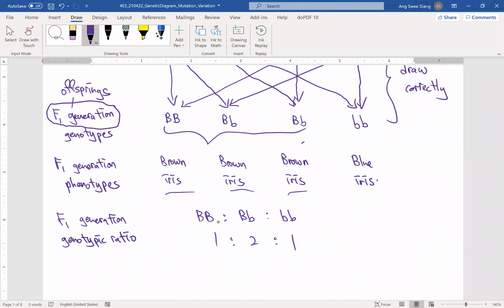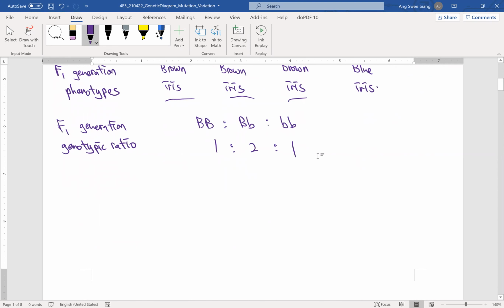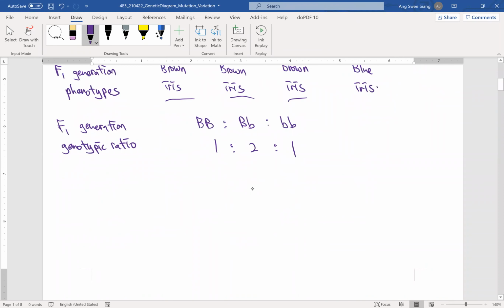So it's 1:2:1. What does this mean? This also means that 25% or 1/4 of the offspring is homozygous dominant. Then 50% or half of the offspring is heterozygous.